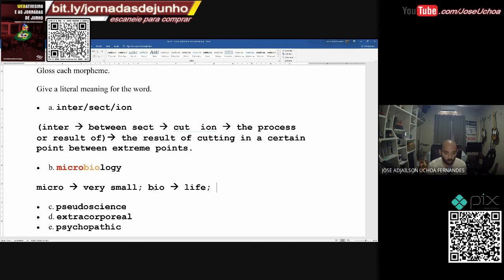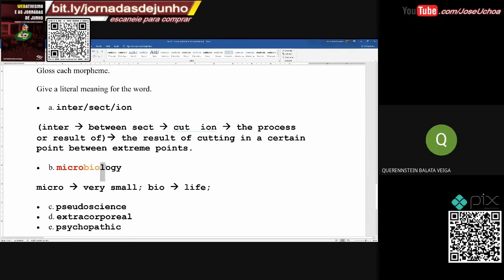And how about logi? Is it a full morph, or do you find any way to split it? What is the meaning of logi? It's like a suffix that tells about some kind of knowledge.